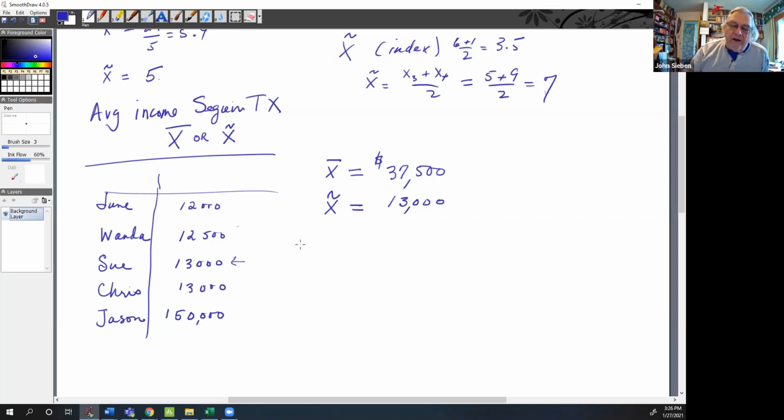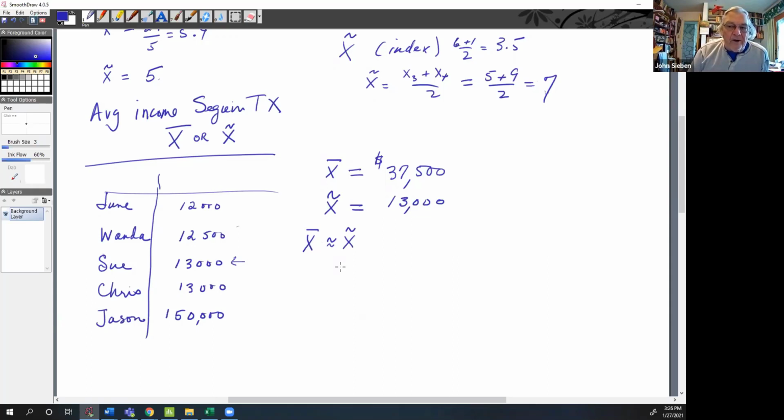And if we have a big data set with summary data, and we notice that X bar is approximately equal to X tilde, we would know just by looking that there are not serious outliers, or if there are, at least they're symmetrical in that data set.